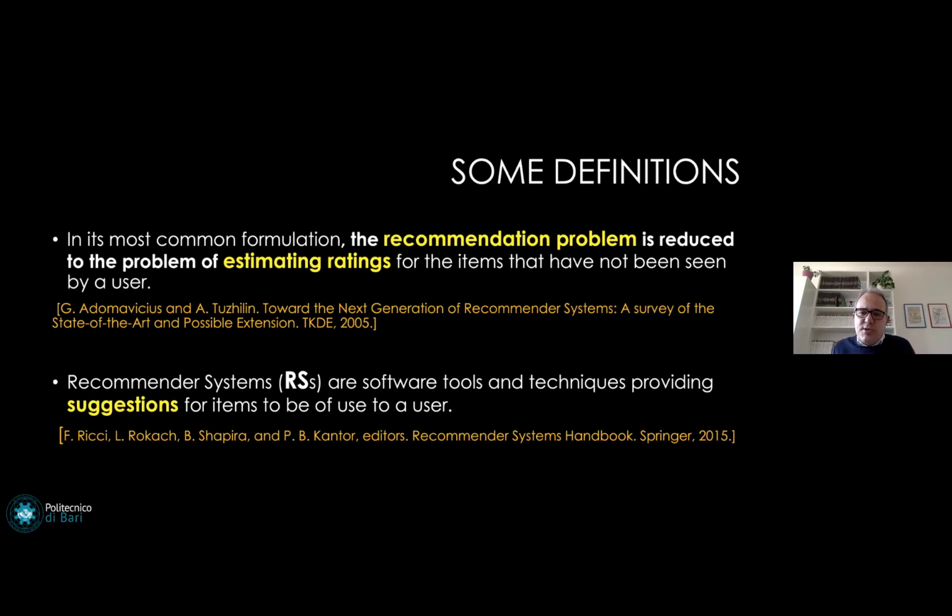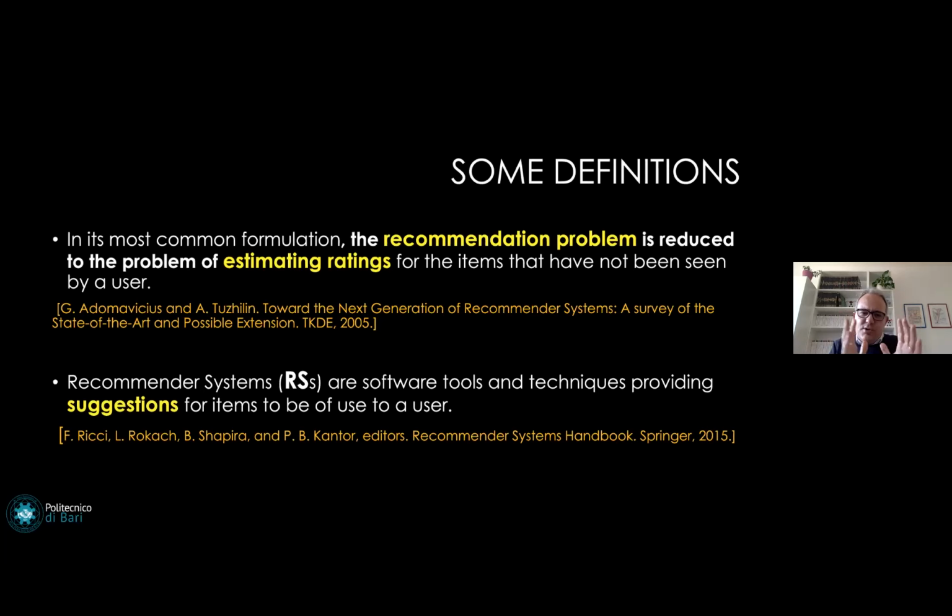We want to predict a possible rating for an item given the previous interactions of the user with the system. We consider all the items the user has interacted with, and using this information, which we call the user profile, we try to predict a rating for an unseen item.